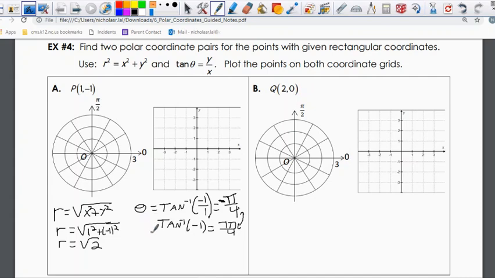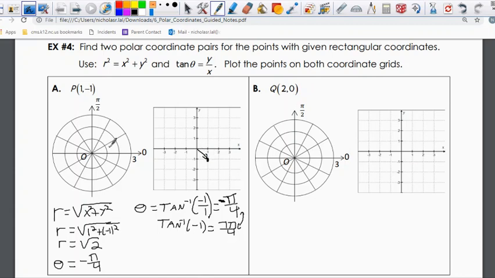So r is equal to the square root of 2. Theta is equal to, let's just say, negative pi over 4. And so we have our point, the square root of 2, negative pi over 4, and the rectangular point 1, negative 1.